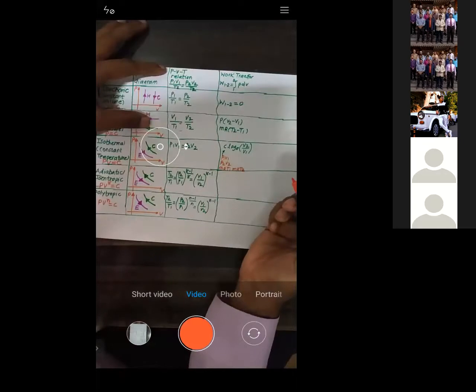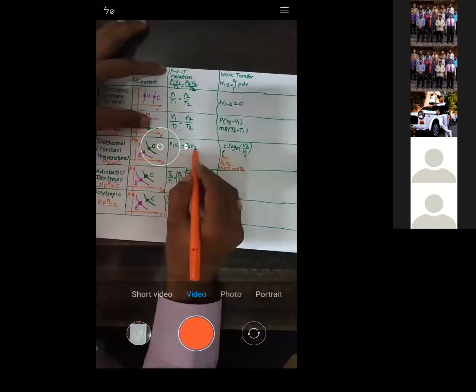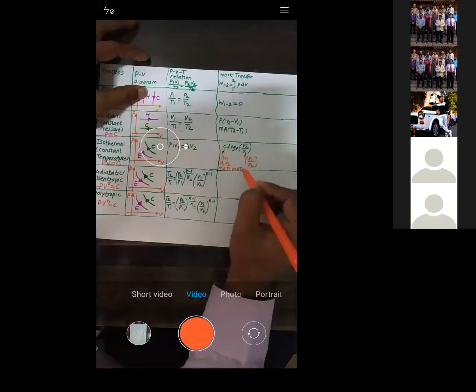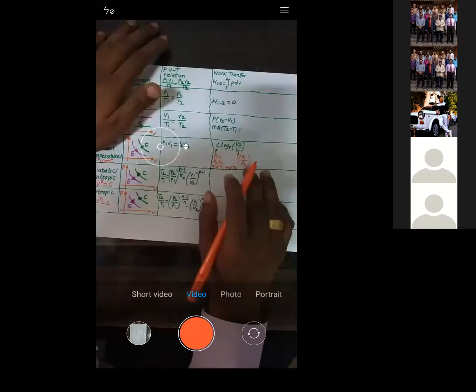Instead of V2 by V1, we can put P1 by P2. So you use anything: instead of C, you can use any one of these four, and instead of V2 by V1, you can use this one. You will get the same answer. Any combination for the formula you can use.